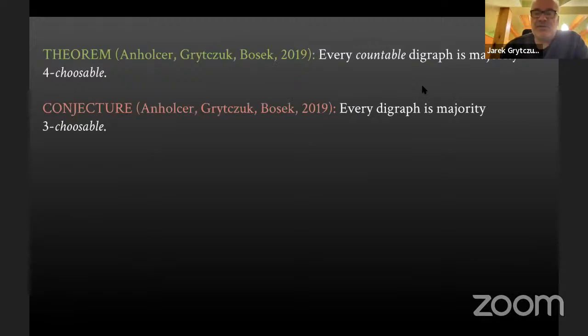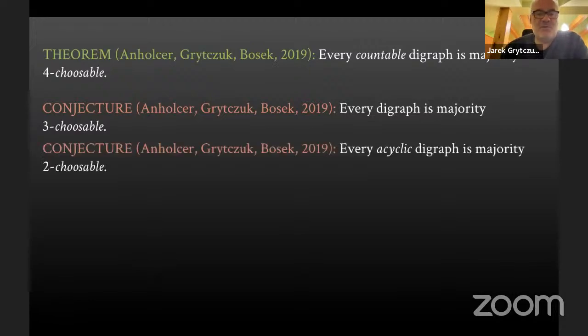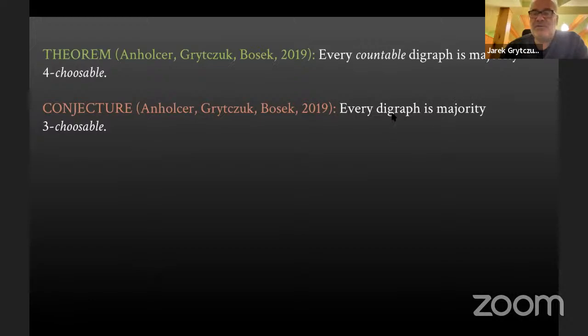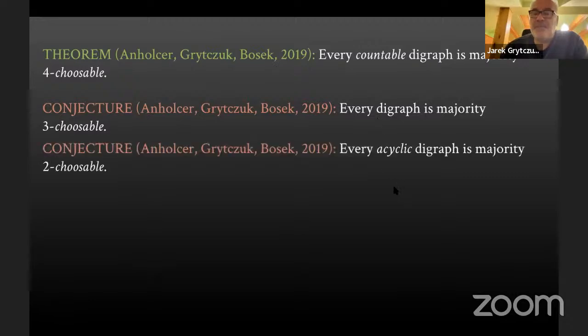And we state a conjecture that maybe every infinite digraph is majority three-choosable. So this is very difficult because it includes not only all infinite graphs, but also all finite graphs actually.